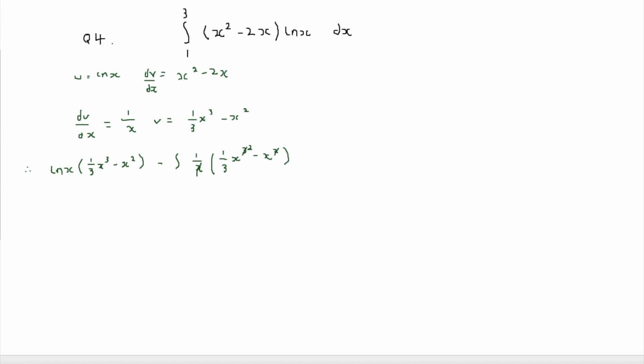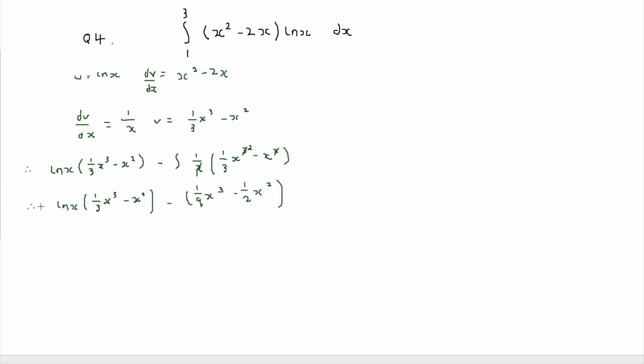So therefore we'll integrate this to get, this will stay exactly the same, ln x times a third x cubed minus x squared, and integrating that, what we're going to get is minus 1/9 x cubed, and then minus x will integrate to give minus a half x squared.